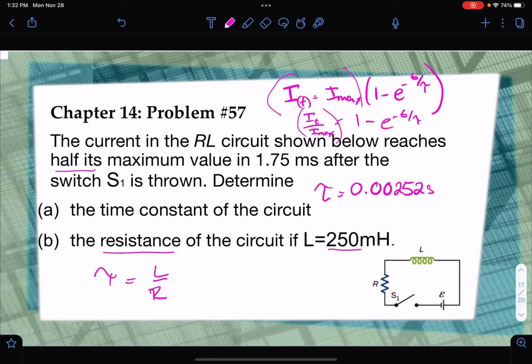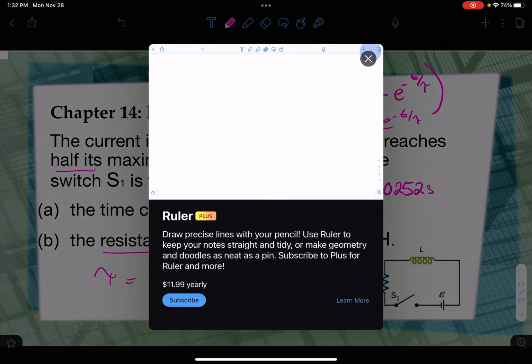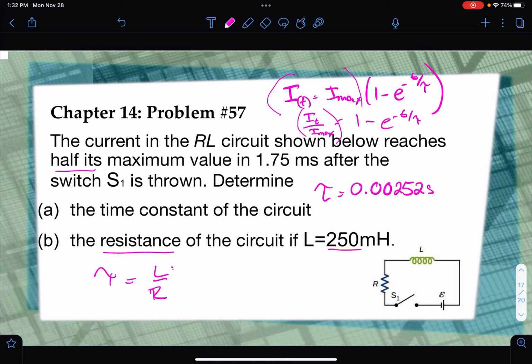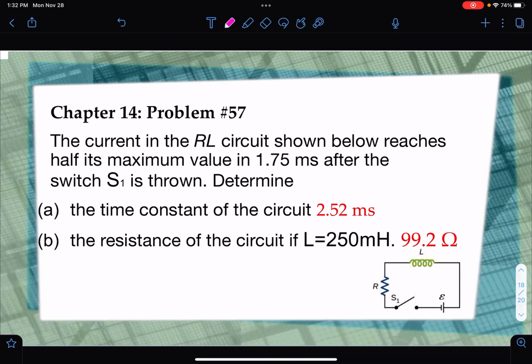So we know L is 0.25, and our tau we just determined, so our resistance is going to be L over tau, which ends up as 99 ohms. Again, this is written in milliseconds. After 15 weeks, you guys know to be careful with Expert TA on what units it's asking you to answer your question in.